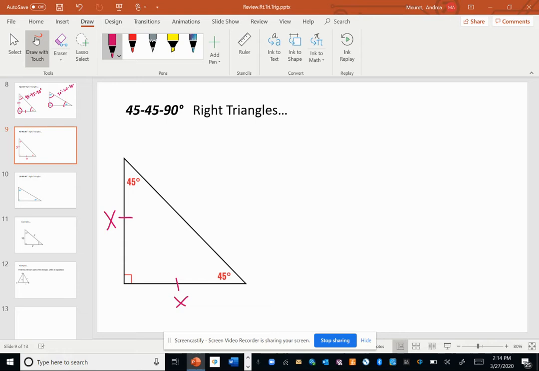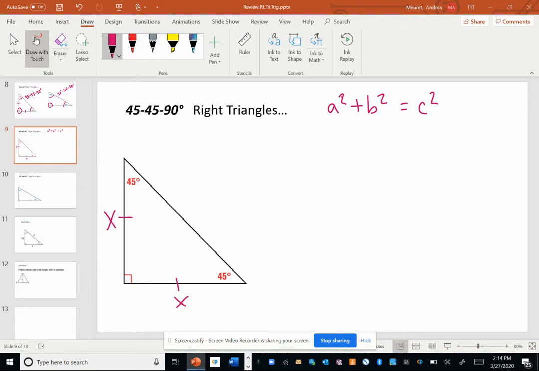Now, it's not really obvious what the value of the hypotenuse would be, but remember the Pythagorean theorem. The Pythagorean theorem says a squared plus b squared is equal to c squared. Now, a and b are both legs, and c is the hypotenuse.